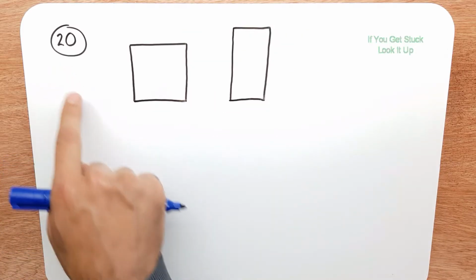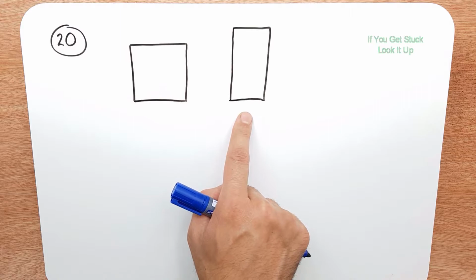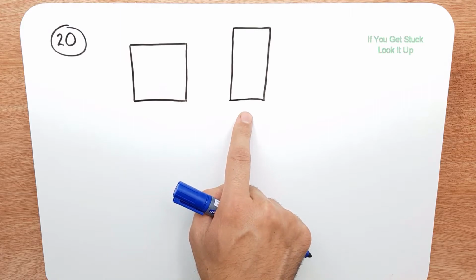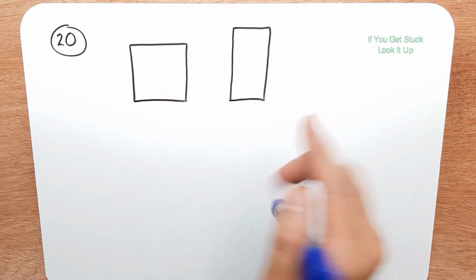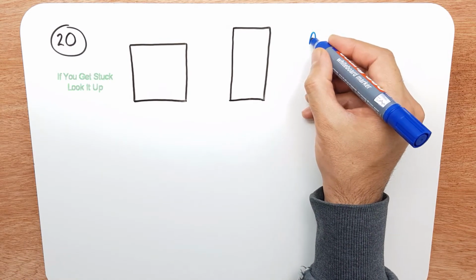In question 20, we're given two tiles and we're asked to work out the difference in area. So let's look at the word area.